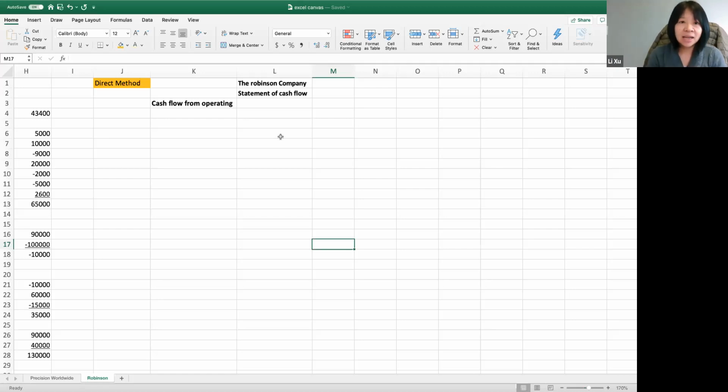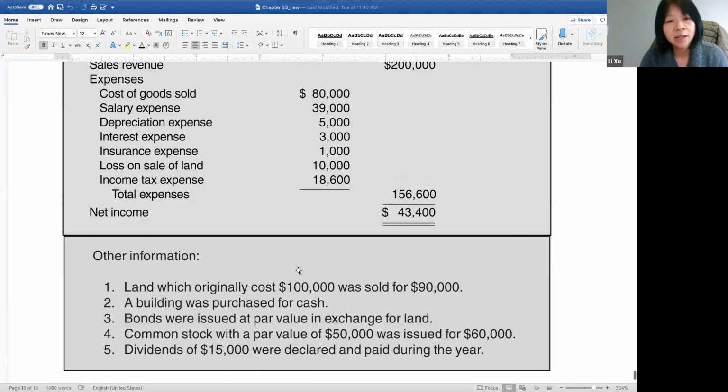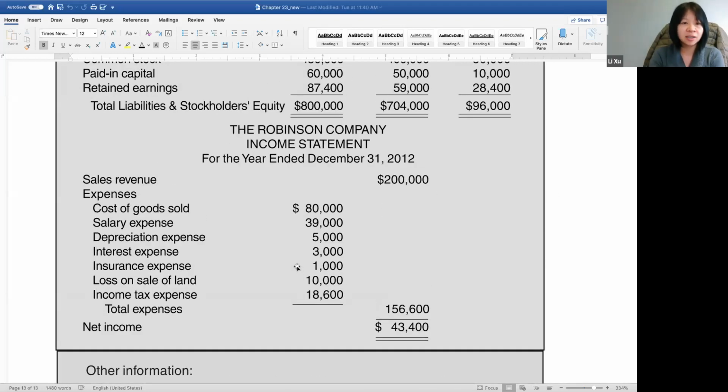That's just a quick review. Go back to the question. Just want to give a really fresh review of what's on the income statement. Okay, so income statement, you have sales revenue. Does this have a cash impact? I would say yes, most likely yes. And the cost of goods sold, yes. Salary expense, yes. Depreciation, no. So you can cross out this depreciation.